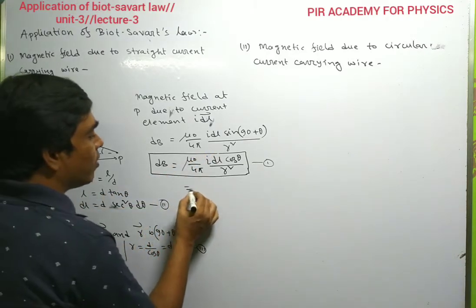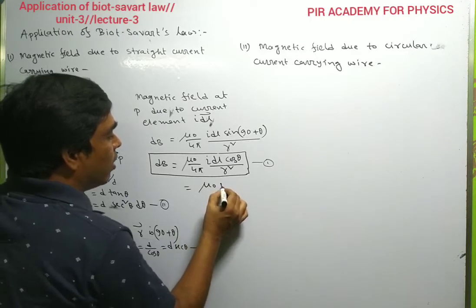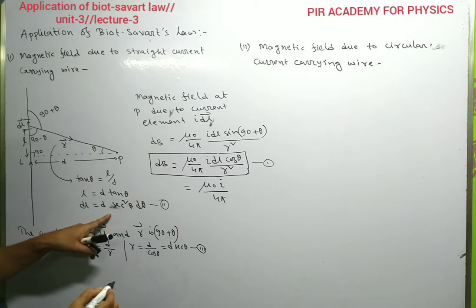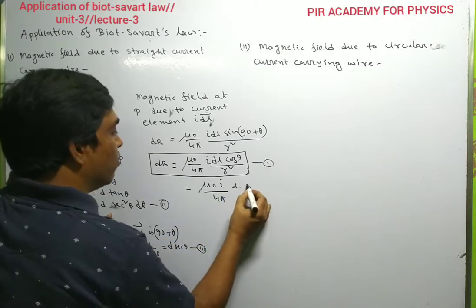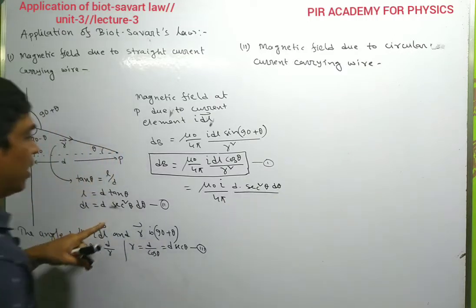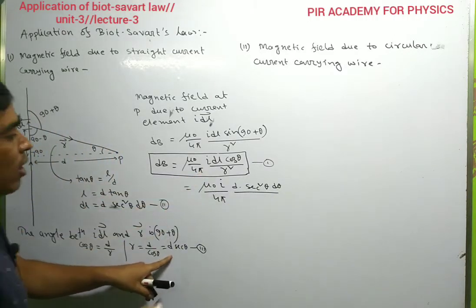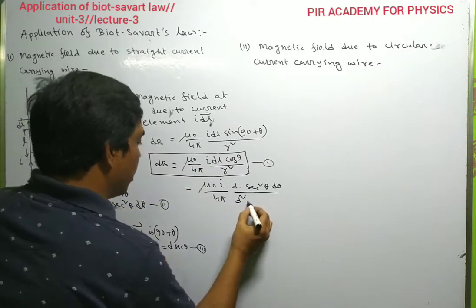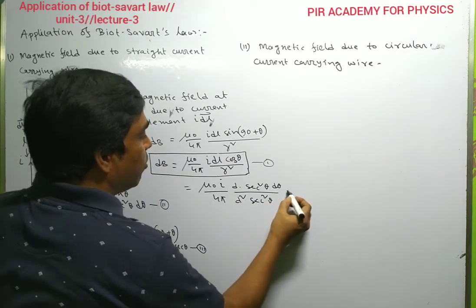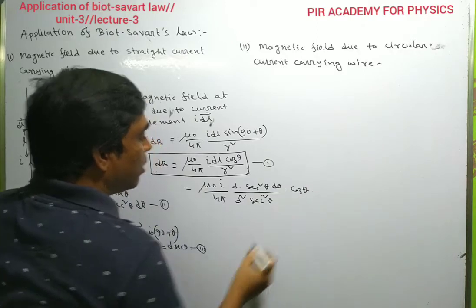So if you put the values of dl and r, then it will be mu 0 I by 4 pi, here dl is D into sec square theta d theta, divided by r square, which will be D square sec square theta, and here there is a cos theta.